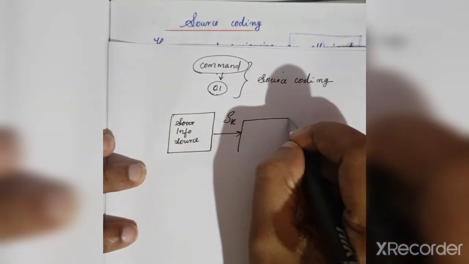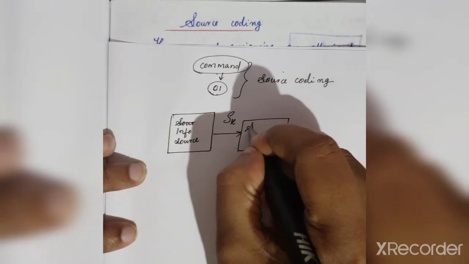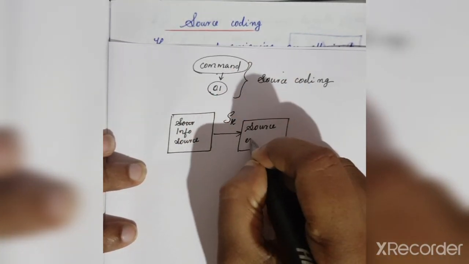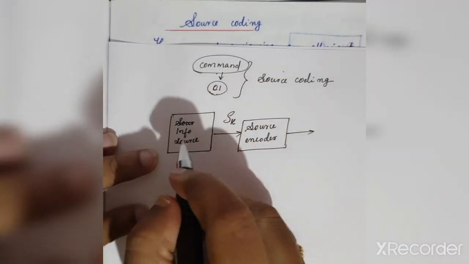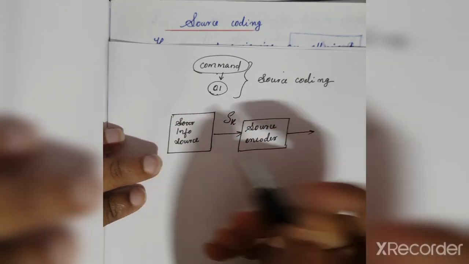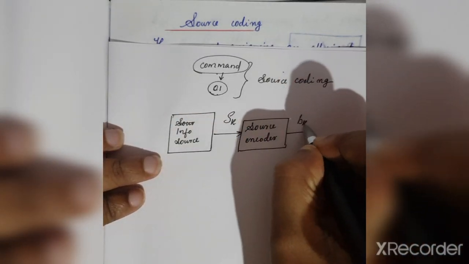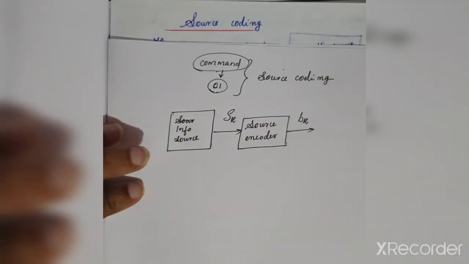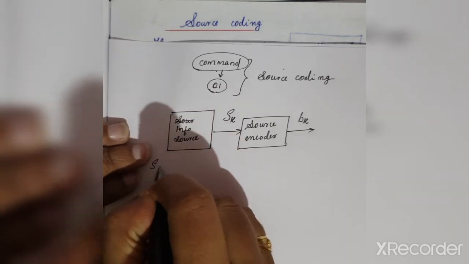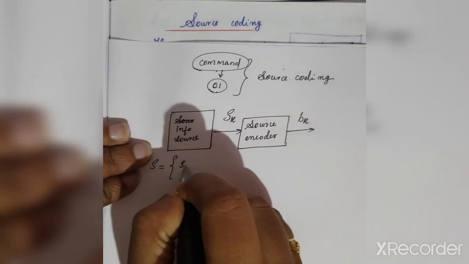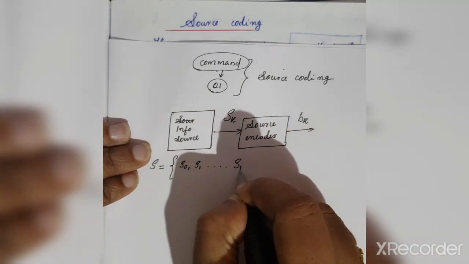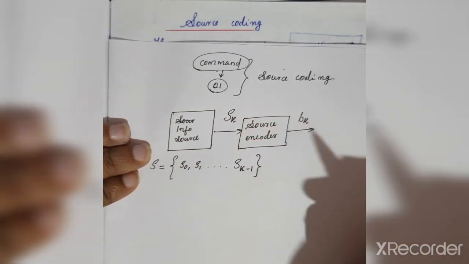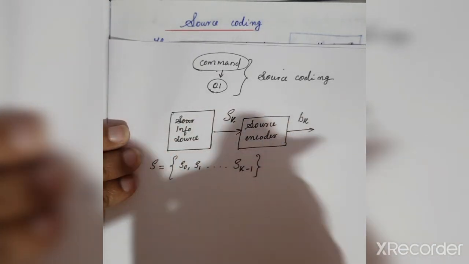This is being given to a source encoder, which takes these symbols from the information source as the input and produces some binary representation b_k. That is, the output of the information source will be a set of symbols S0, S1, etc., up to K minus 1 symbols, and these symbols are being converted to the binary representation.